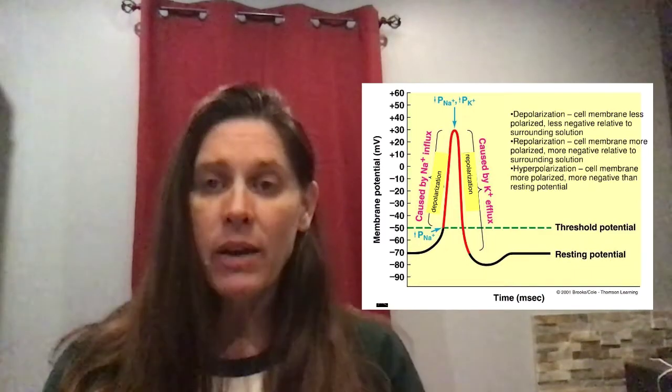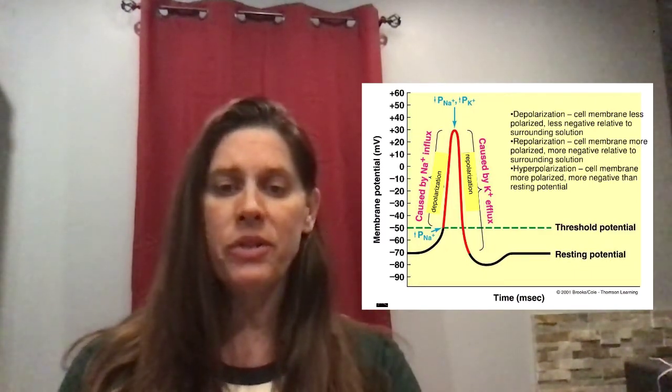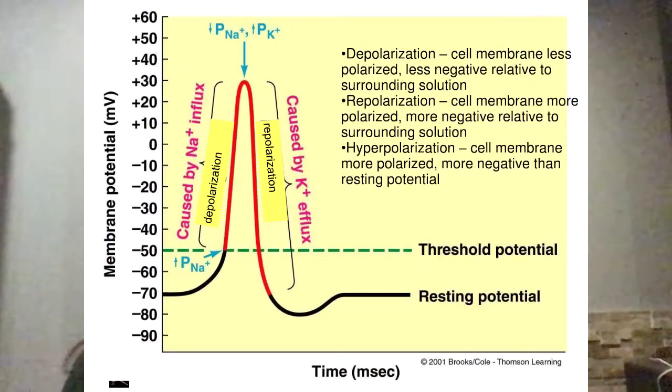Okay, so let's look at the graph again. We've added some labels to it. It's possible you may have to rewind this section of the video a few times to really understand this graph. It's very important that you understand everything that's indicated on it. So let's run through the graph and get familiar with it. Across the bottom, it's time in milliseconds.